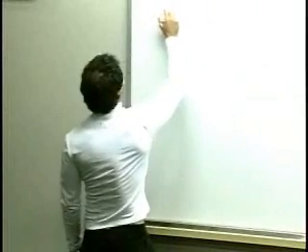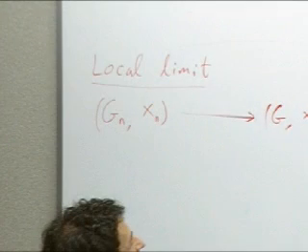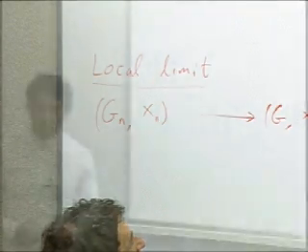So first of all, what is the local limit of a sequence of graphs? We have some graphs Gn, and we have some xn, which is a vertex of Gn. It's a marked vertex.